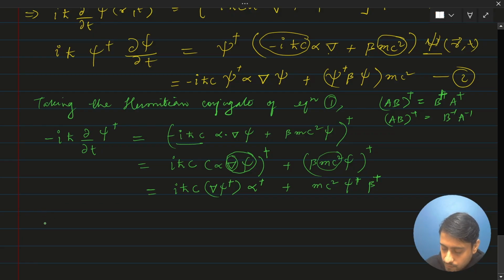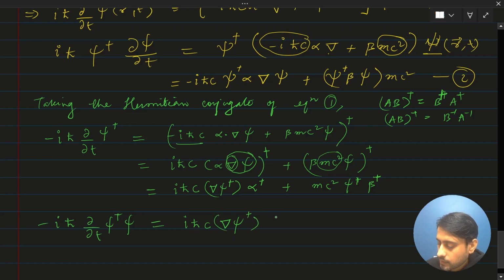It will be minus iota h bar del over del t psi dagger psi equals iota h bar c del psi dagger, into alpha dagger, then psi, plus mc square psi dagger beta dagger, then psi.